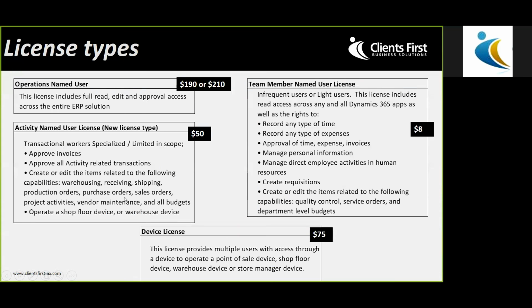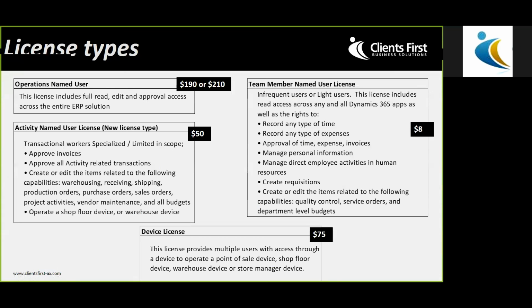They can manage their personal information as well as any employees that might work for them. They can create purchase requisitions that can go through an approval process and then be turned into purchase orders. They can also create or edit quality service orders and department level budgets. So quite a bit of functionality that they can do here for $8 a month.